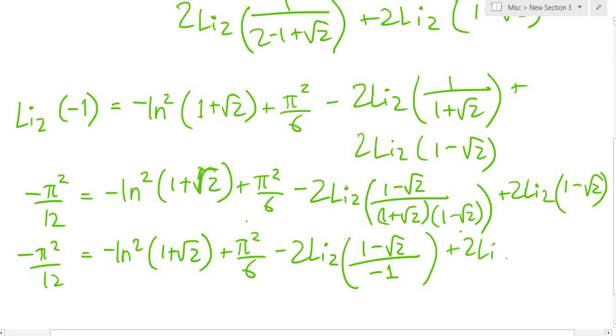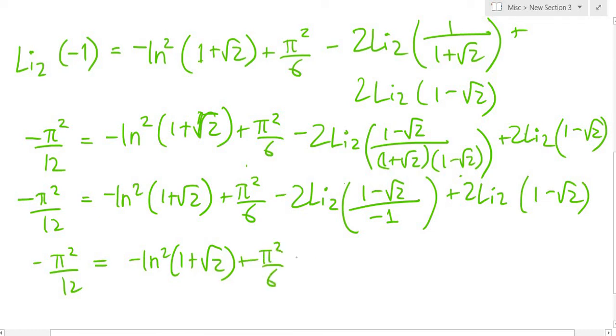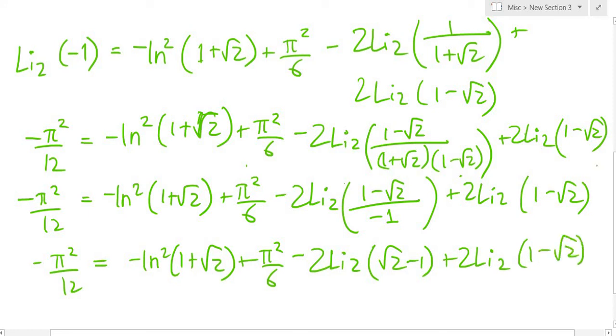Plus 2 times the dilogarithm of 1 minus square root of 2. This finally evaluates to negative pi squared by 12 is equal to minus ln squared of 1 plus square root of 2 plus pi squared by 6 minus 2 times the dilogarithm of root 2 minus 1 plus 2 times the dilogarithm of 1 minus root 2.